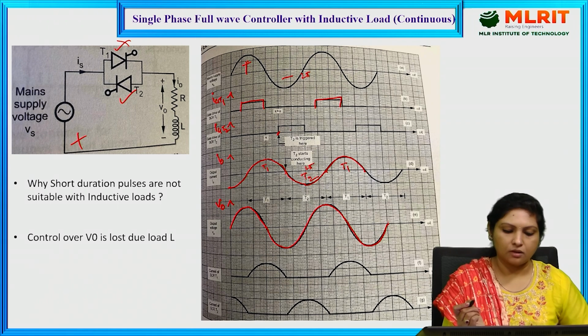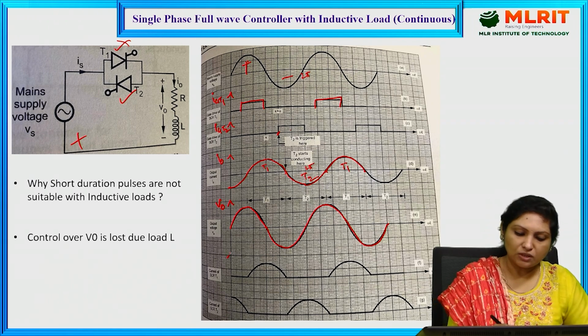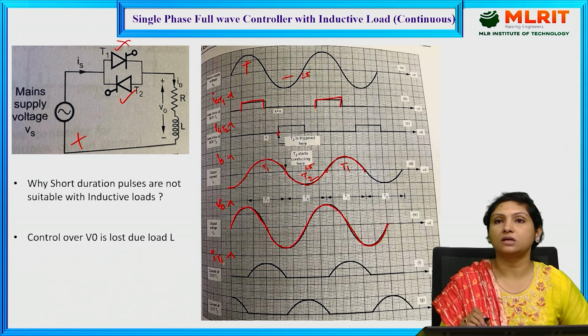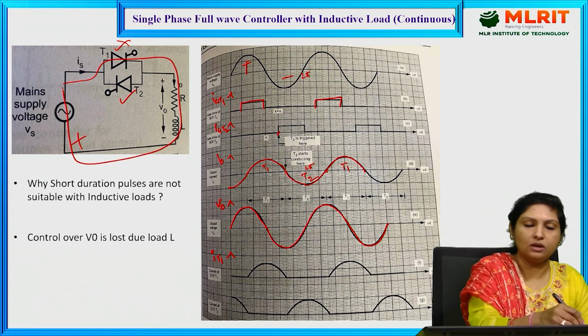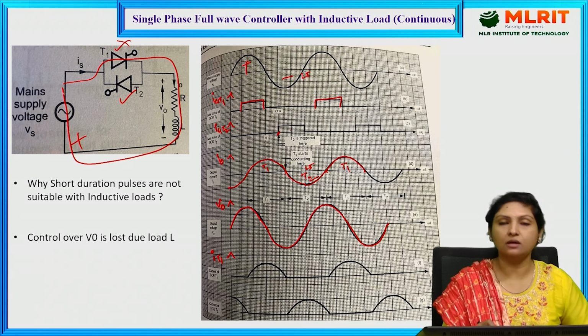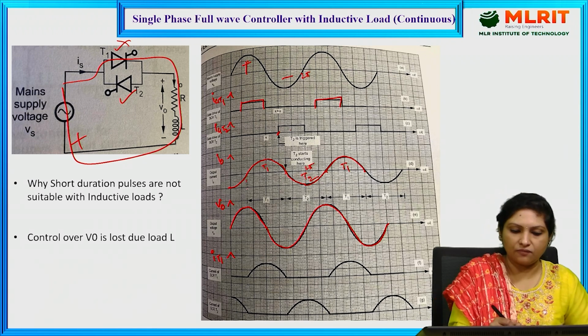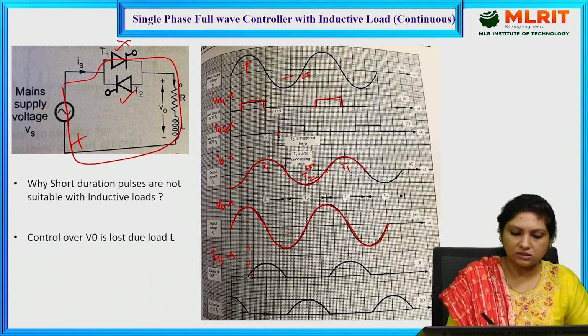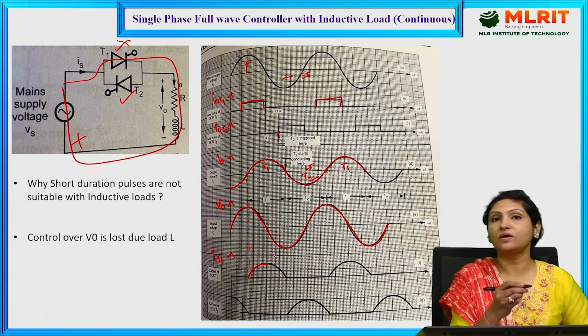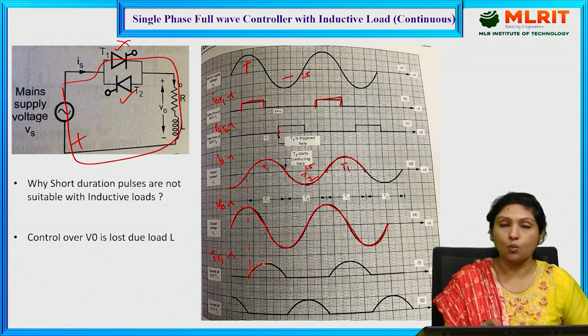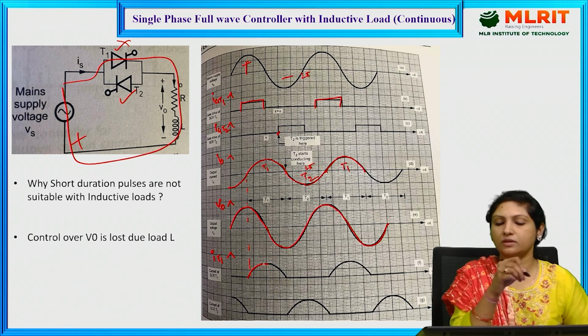Now, what will be the individual current waveform for thyristor 1? As long as the thyristor is conducting current through the load, we need to indicate the current waveform across thyristor 1. Right from this instant, thyristor 1 started conducting, and it is conducting even beyond pi because of the energy stored in the inductor, where the inductor is actually driving the current through the load.